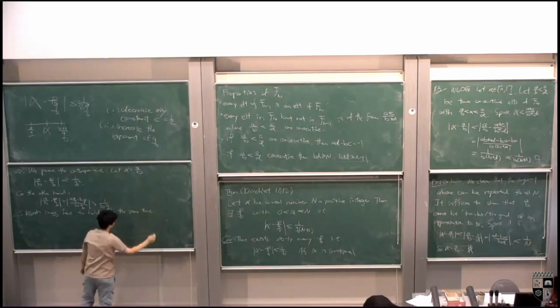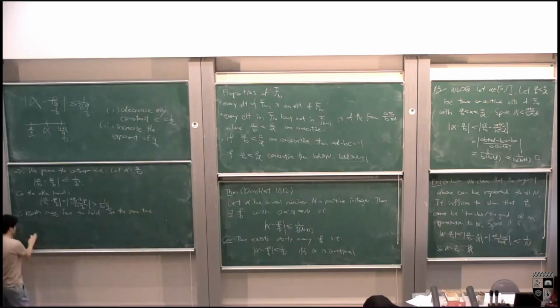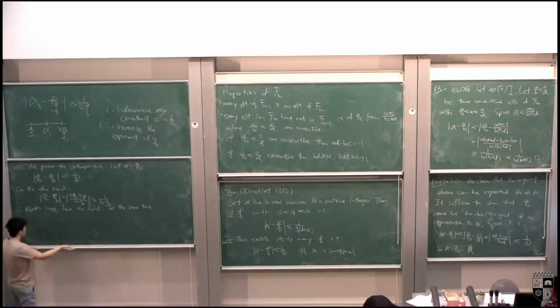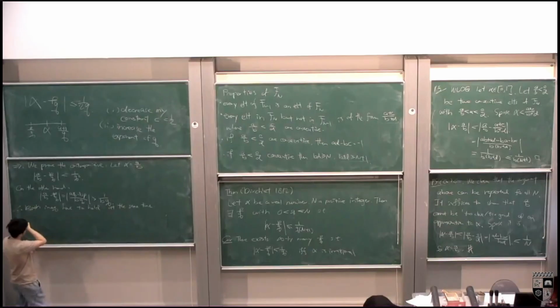Best part about speaking more than one language is I can always play the English is not my main language card. So we need this quantity to be lesser than 1 over Q squared, but bigger than 1 over BQ. This can hold if and only if B is greater than Q, which can happen for only finitely many Q, because B is fixed, right?